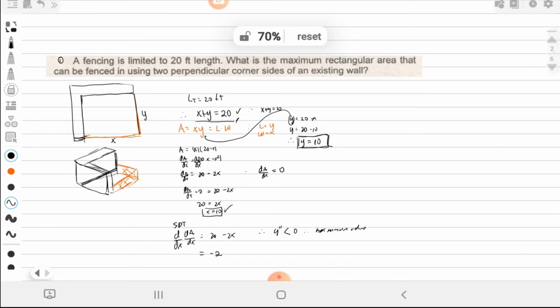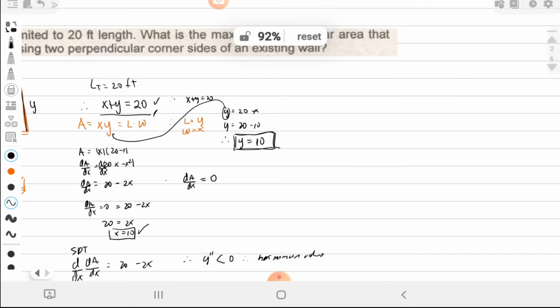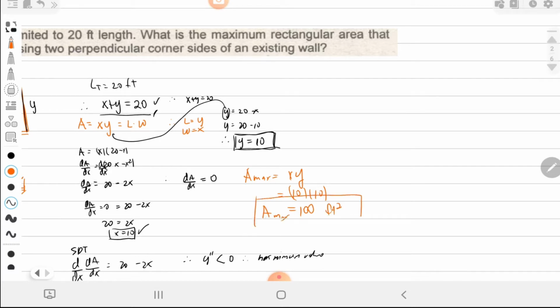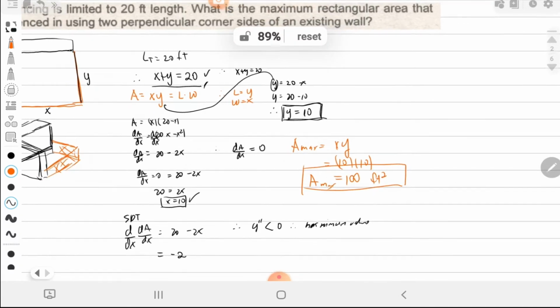Okay? So from here, x is equal to 10 and y is equal to 10. So in order to get the maximum area, A max is equal to xy, x max multiplied by y, so 10 multiplied by 10 will have a value equal to 100 square feet, which is our A max. Okay? So that's it.